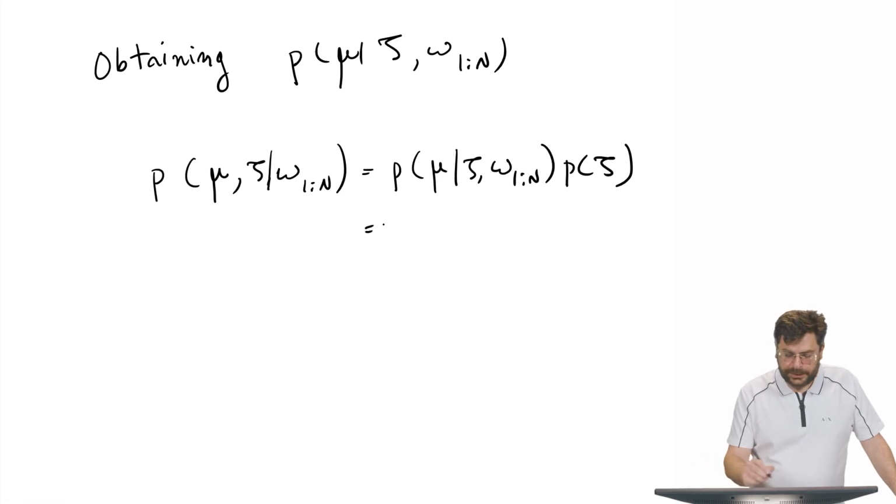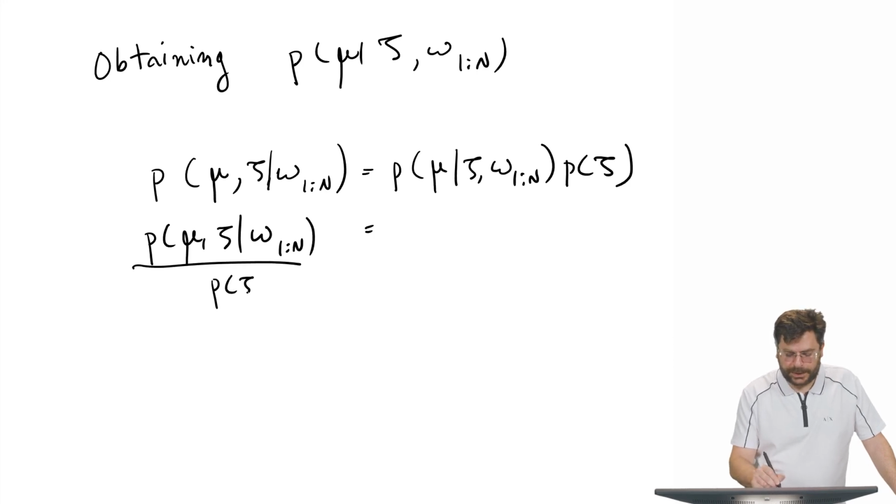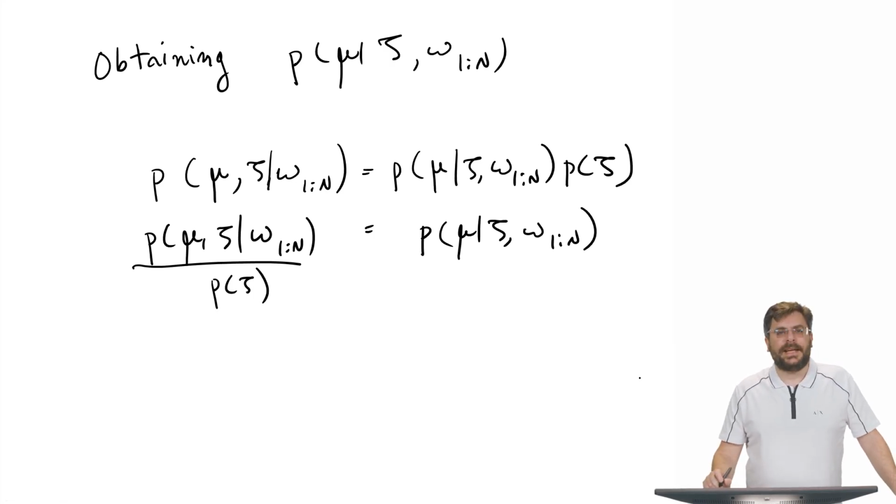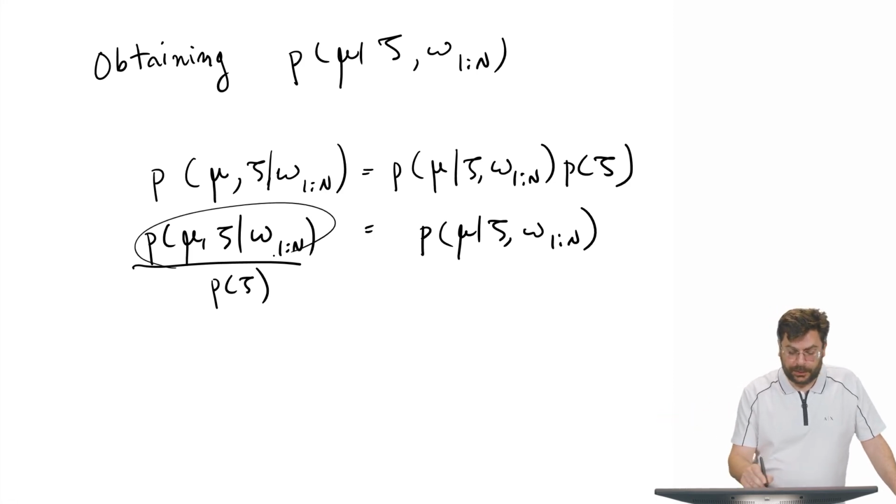So that implies that P of mu and tau given W1 to n, divided by P of tau, is equal to P of mu given tau, W1 to n. Well, that's interesting. That doesn't even involve an integration at this point, because I know what this is.